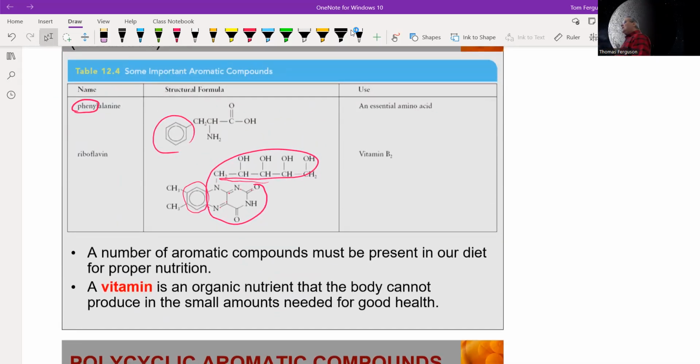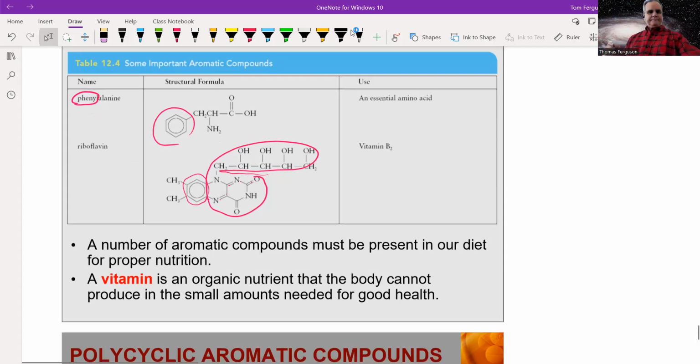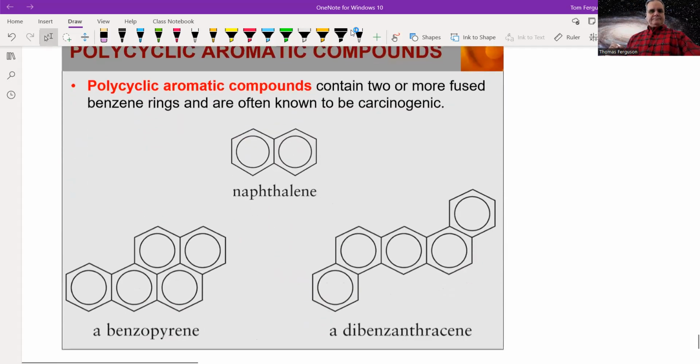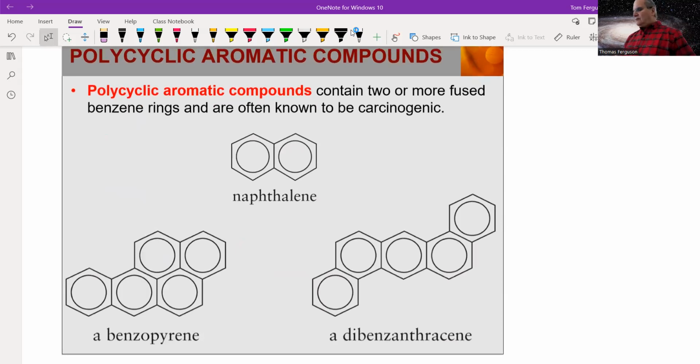Our body has a ton of benzene-like structures. A ton. I mean, a ton. Extremely common. And your body works with it fine. Vitamins, it just goes on and on. And these will be the related structures.